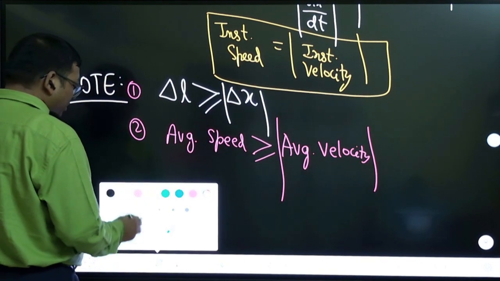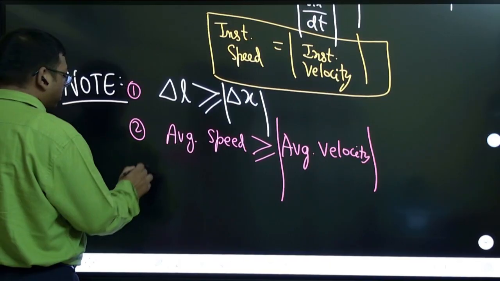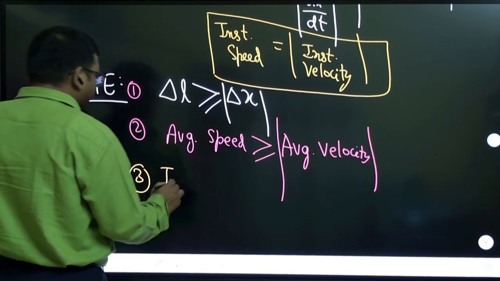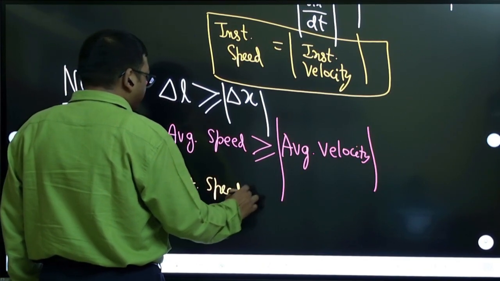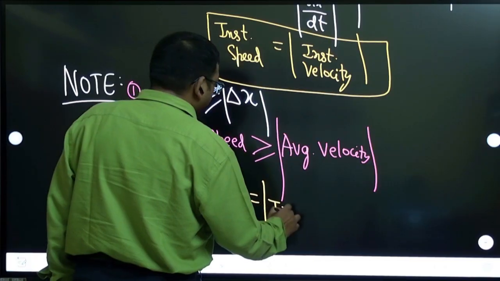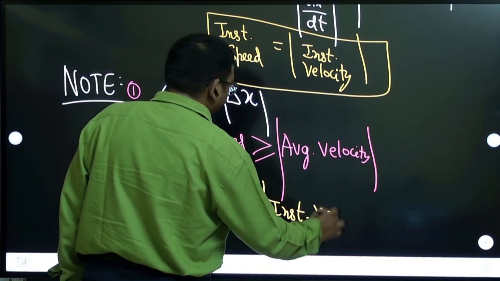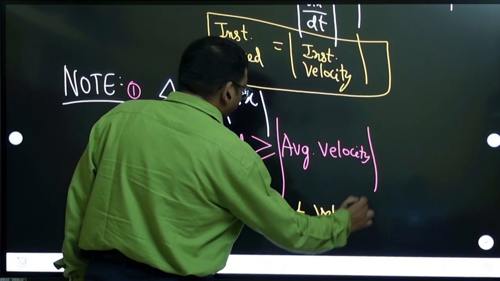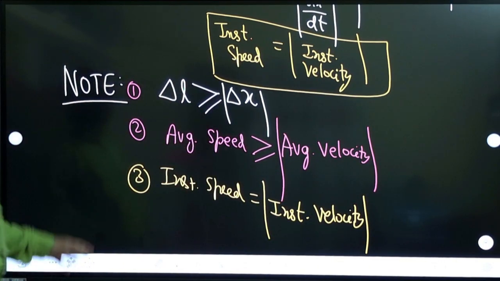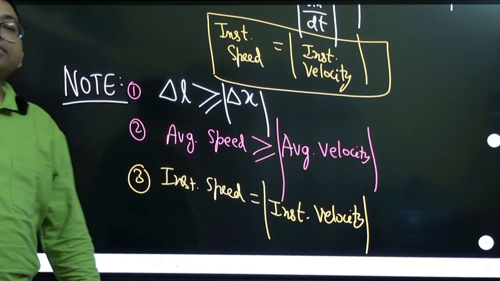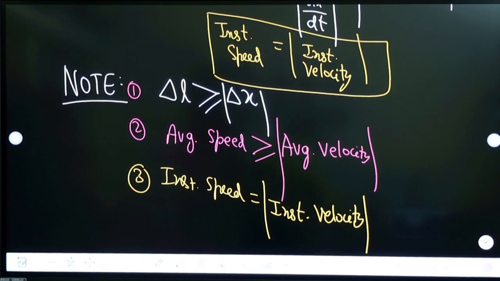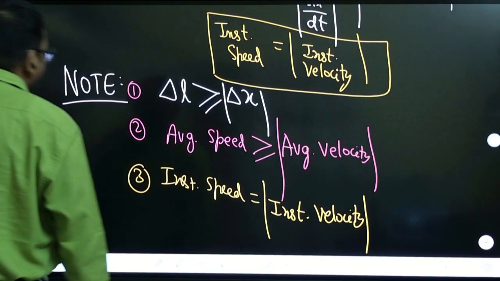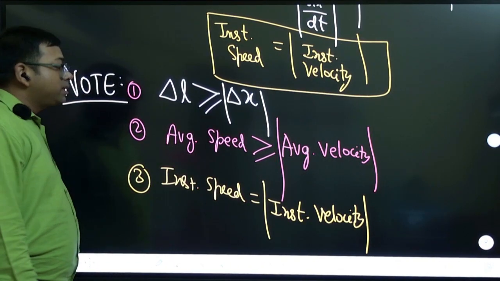But what about instantaneous? Instantaneous, they are equal, that we have already seen. So instantaneous speed is equal to the magnitude of instantaneous velocity. These three points, questions can come on them. Definitely some questions come in NCERT also, a lot of questions are based on this. So this is all about speed and velocity.